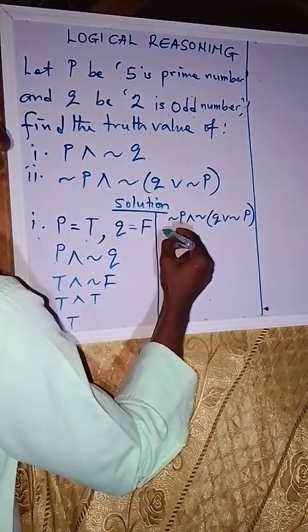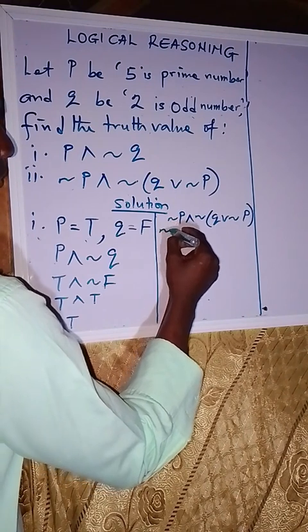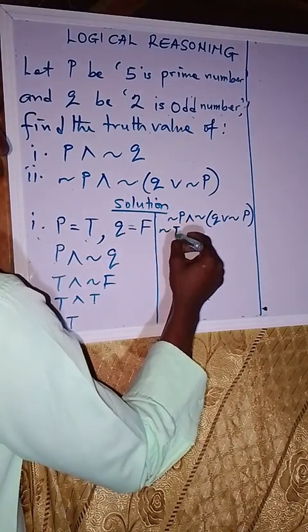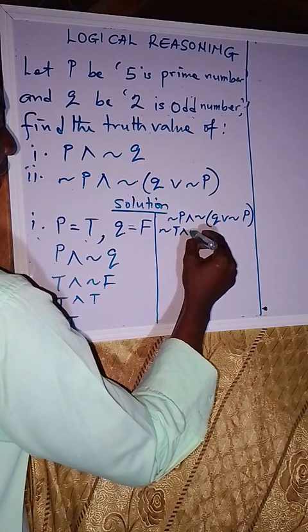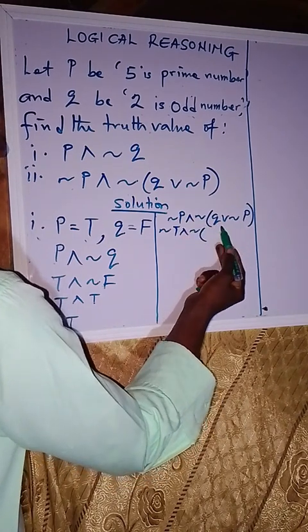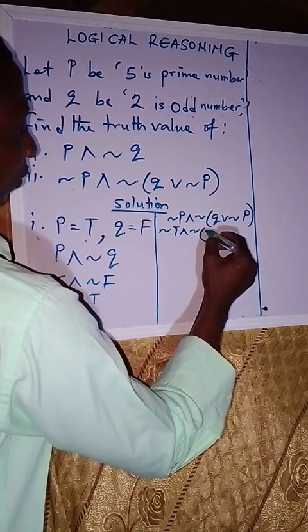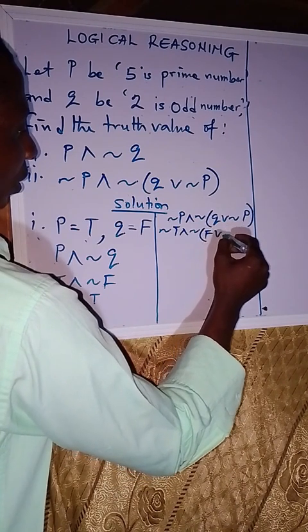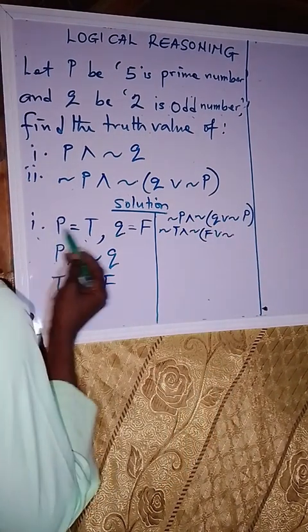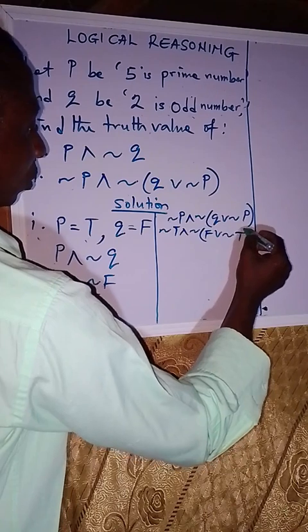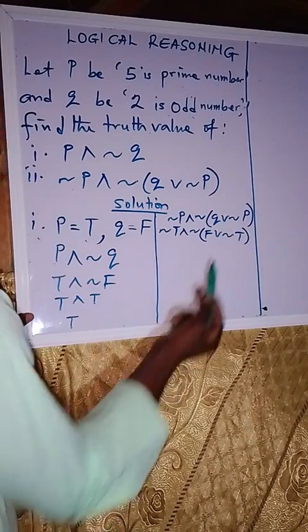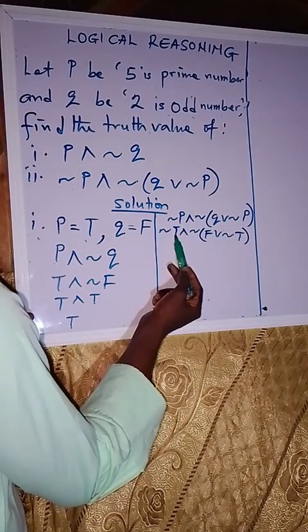So we have negation of true and negation of Q, which is false, or negation of P, which is false. So now let's settle this one and this.